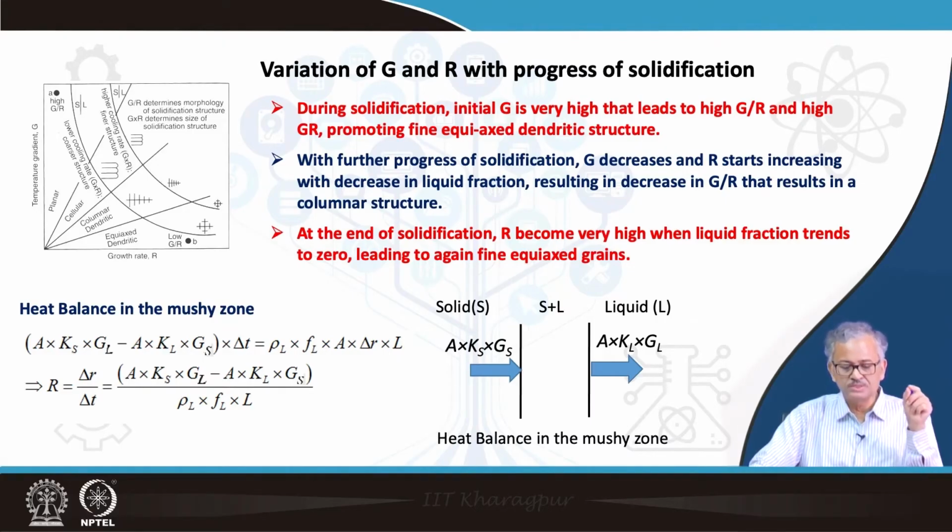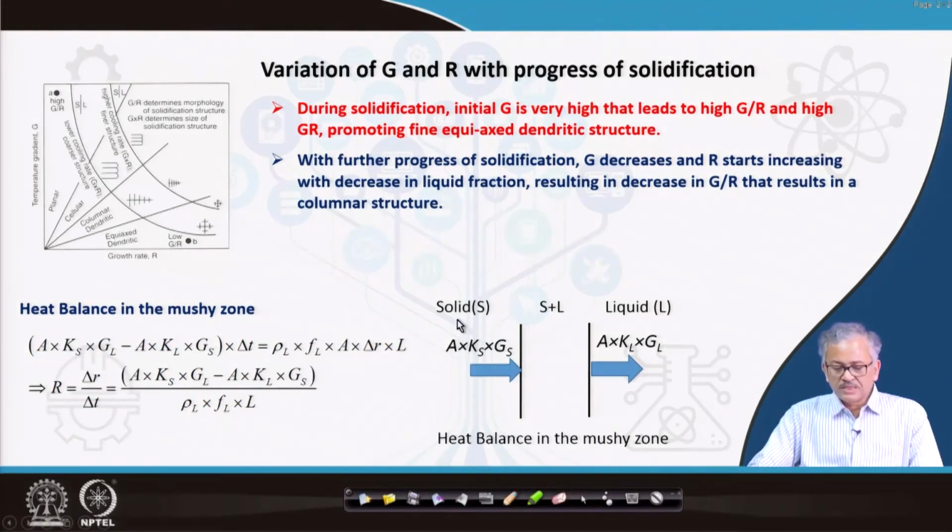So what it is doing basically, rho L into FL A into delta R into latent heat of fusion, this is basically the heat evolved. So whatever heat is coming from the solid to the mushy zone plus the heat evolved during solidification should be equal to the heat that is going to the liquid. That is the heat balance I have given, and this is the amount of solidification heat that evolved.